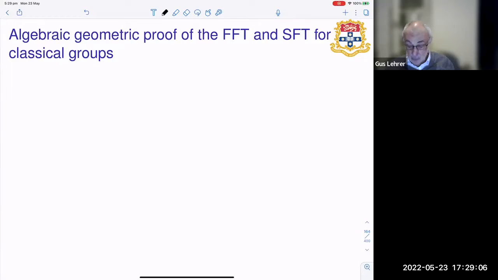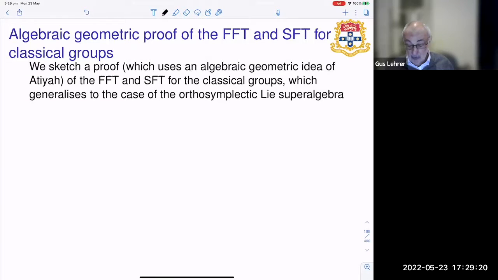So we're going to do a little detour into algebraic geometry, and we'll see how the same argument in fact applies to the orthosymplectic Lie superalgebra, and we'll see also to quantum groups and also quantum superalgebras.